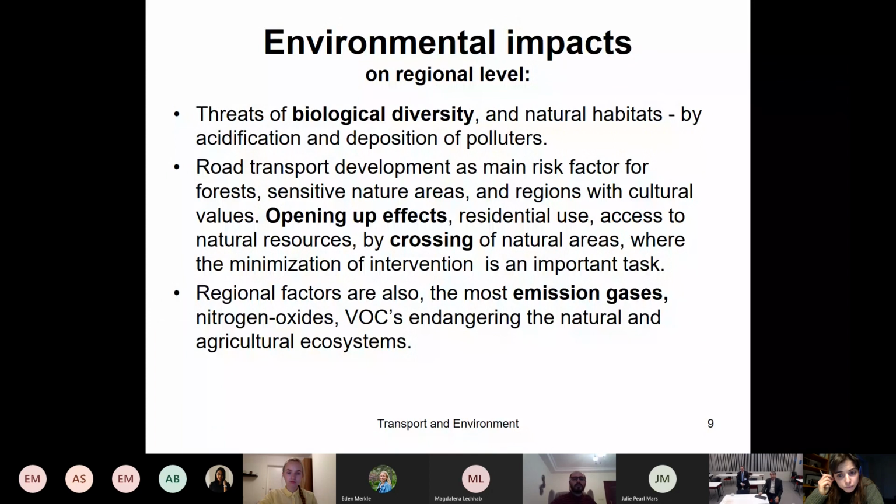On the regional level, there are more impacts from the point of view of biological diversity, as we mentioned before, with transport infrastructure development, opening up and crossing of former natural areas, plus the emission gases of transport on the regional level.